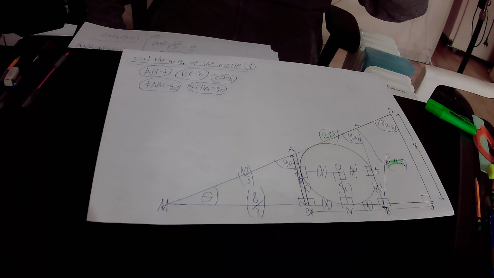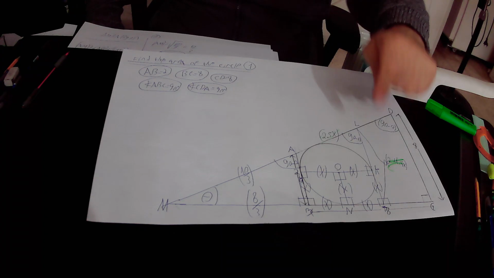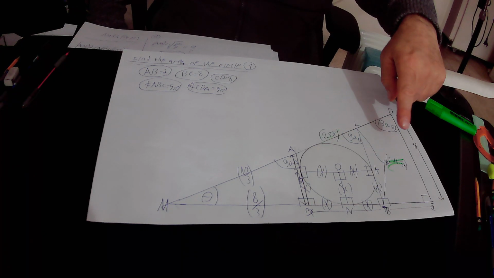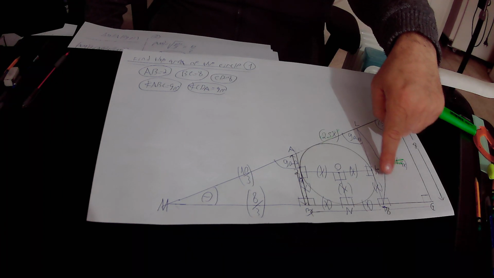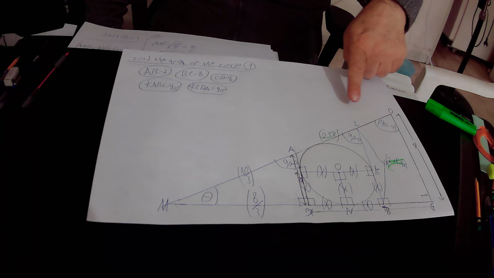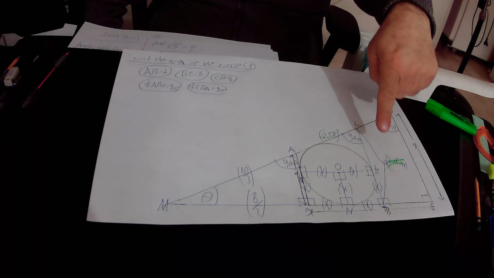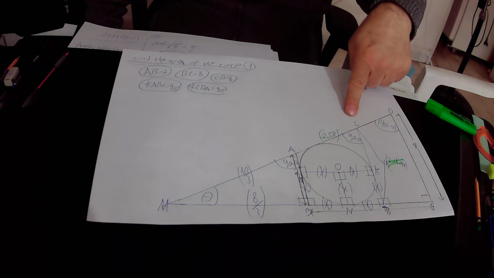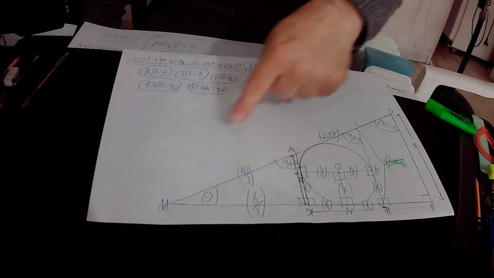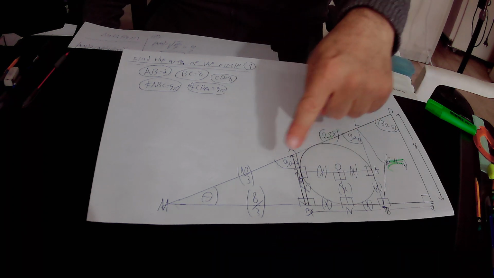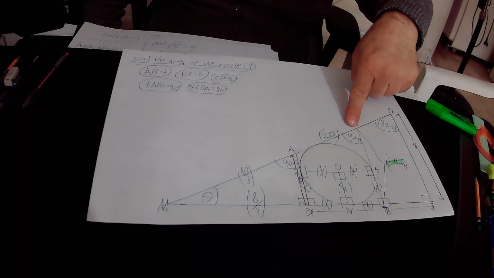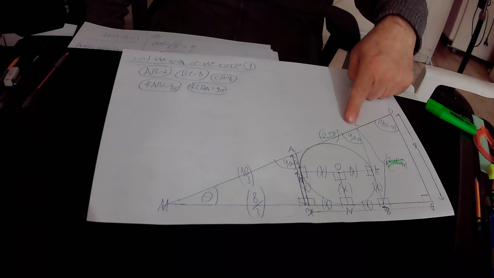We define the touching point of the perpendicular on BC as T, and we define the point of tangency of the perpendicular with this circle as K. Then we extended the perpendicular TK by a straight line until it touches side AD. We define the touching point of the extended perpendicular TK with side AD as L. By doing this construction, we created the right triangle LTM. In the right triangle LTM, this angle equals theta, this angle equals 90 degrees, therefore the missing angle must be equal to 90 degrees minus theta.